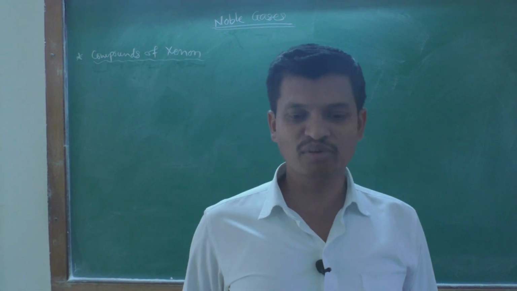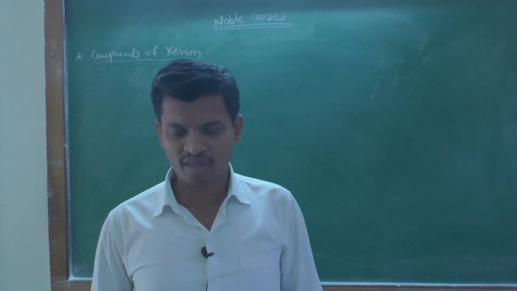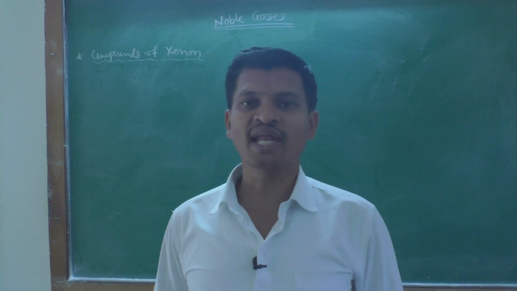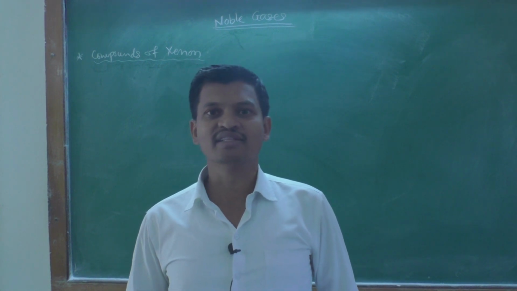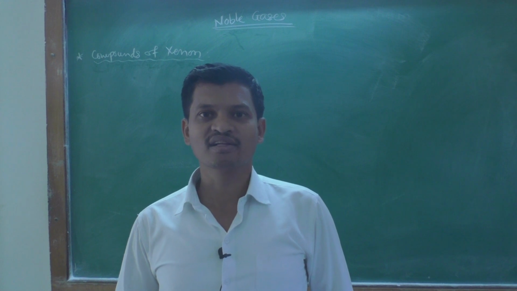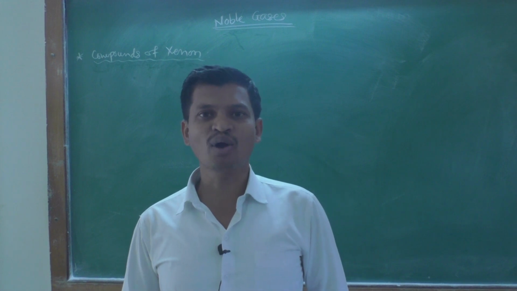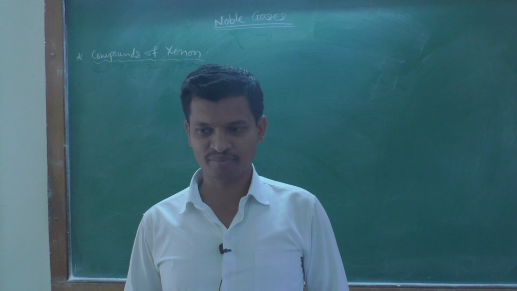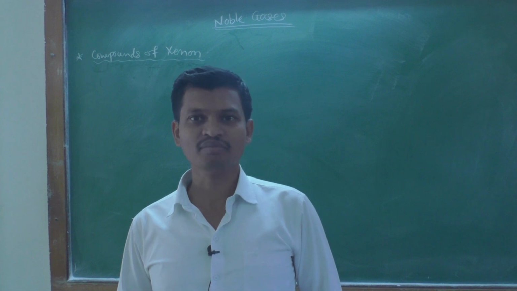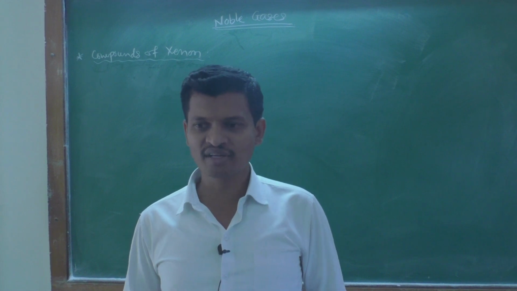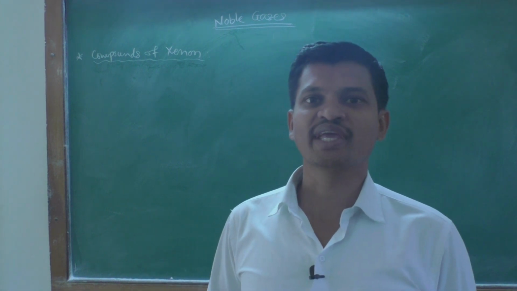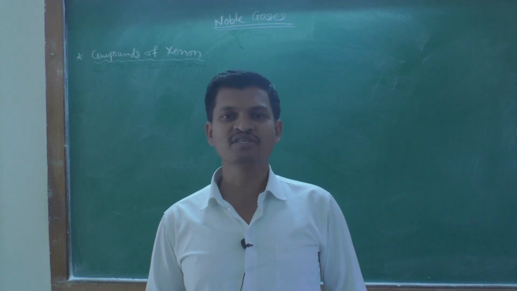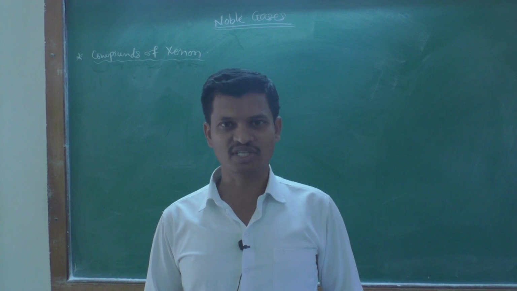So these xenon compounds give an idea that these noble gases are not inert actually. Number of different types of compounds can be formed by the xenon element with fluorine and oxygen.